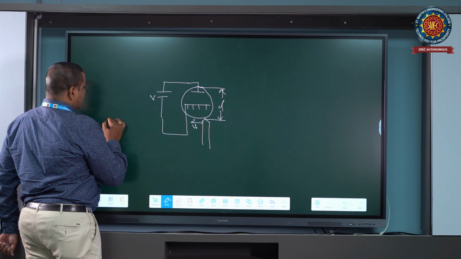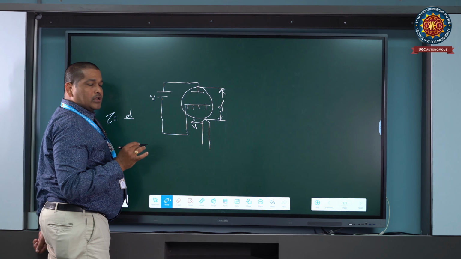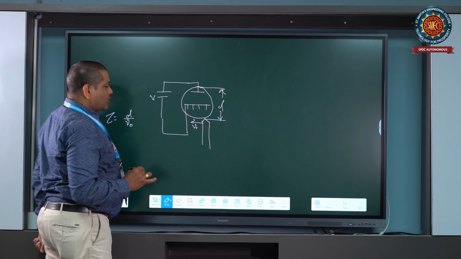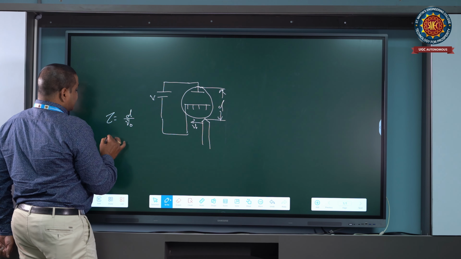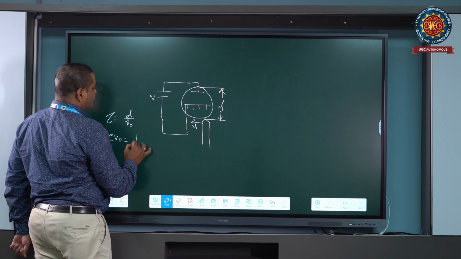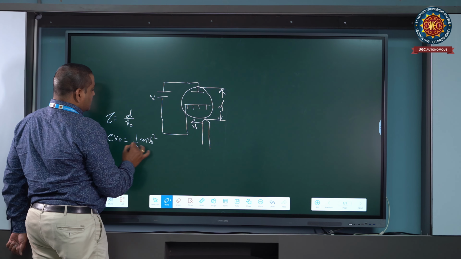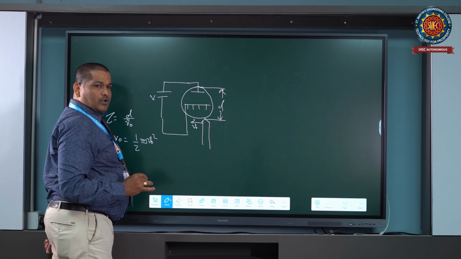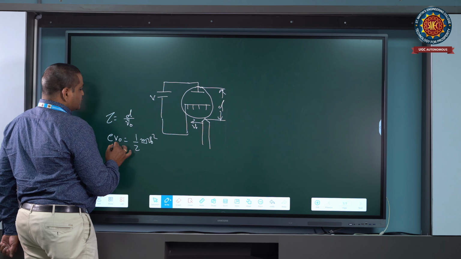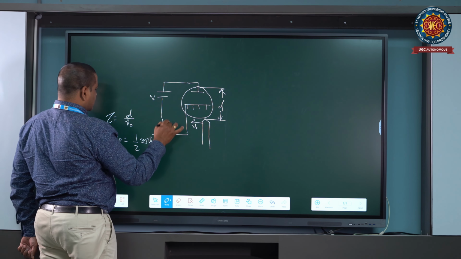The transit time tau is given by the formula d by v naught, the distance between the cathode and the anode divided by the velocity of the electron. We know that the electrostatic energy e V naught equals half m v naught square, where m is the mass of the electron, v naught is the velocity of the electron, and V naught is the voltage given between the cathode and the anode.